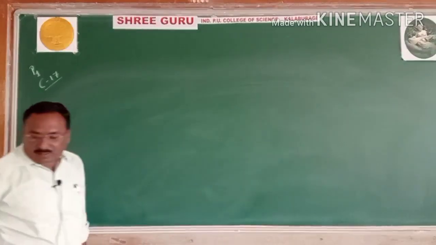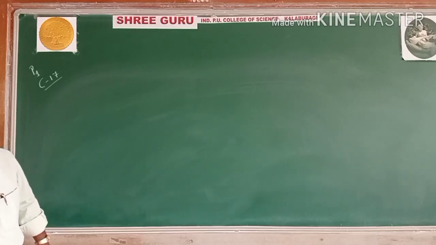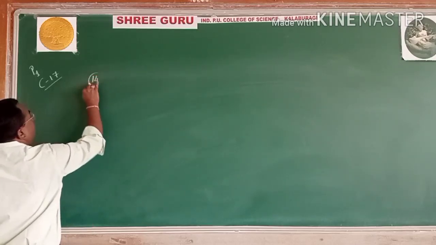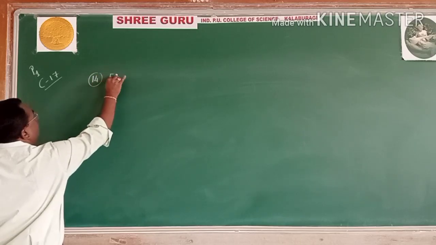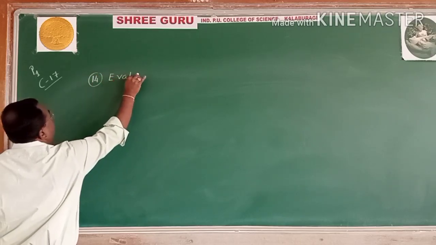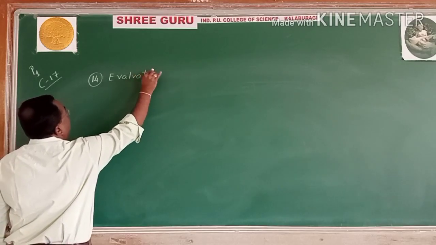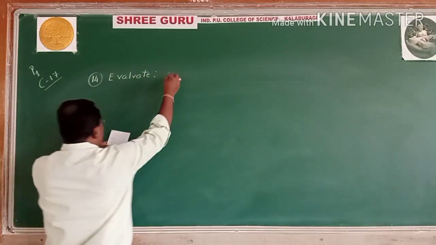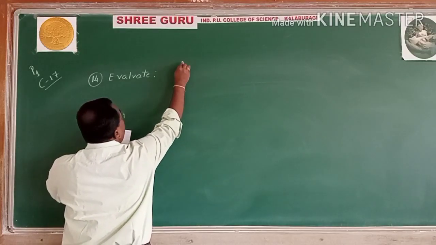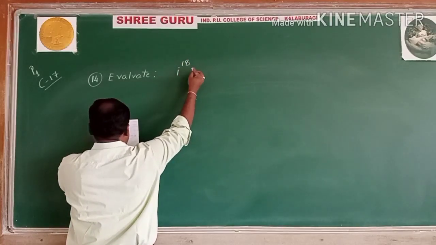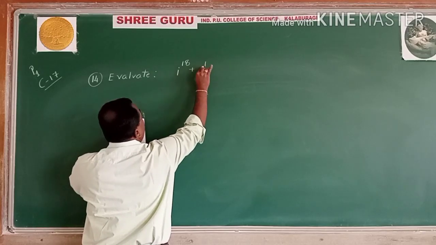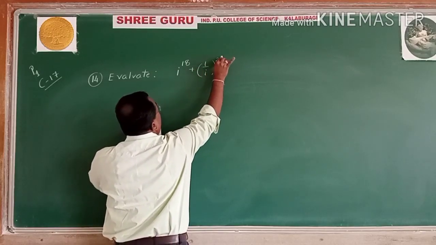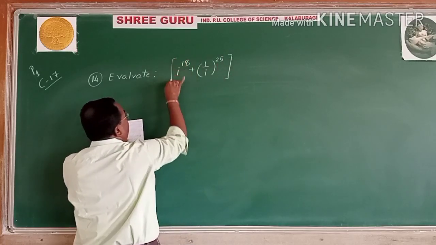Next, example number 14. Evaluate (i power 18 plus 1 by i power 25) whole power 3.